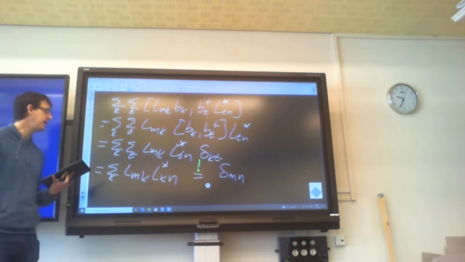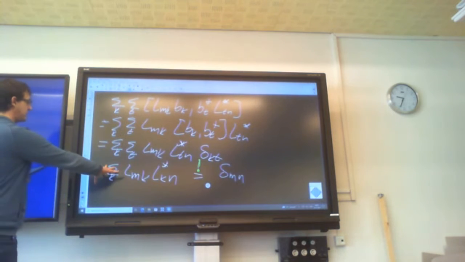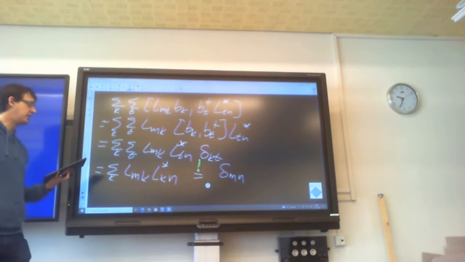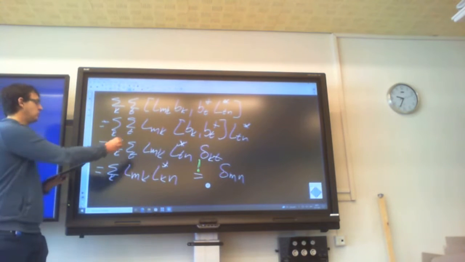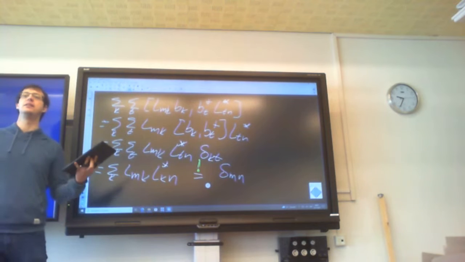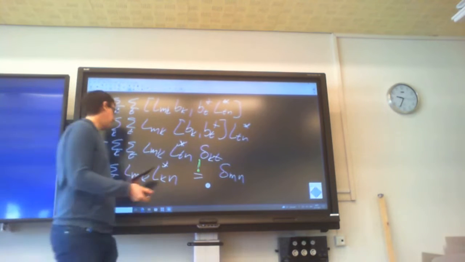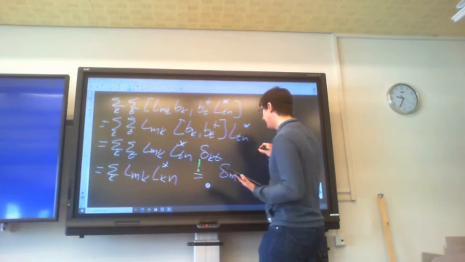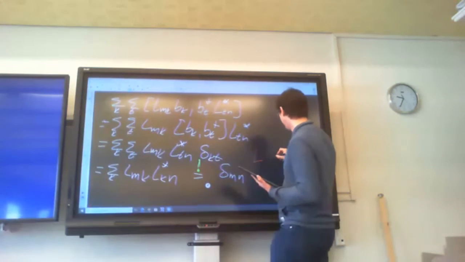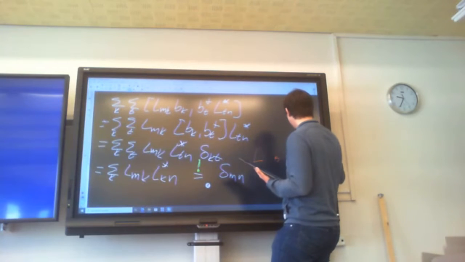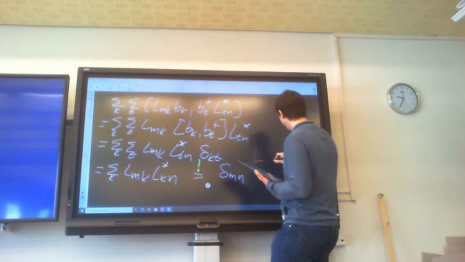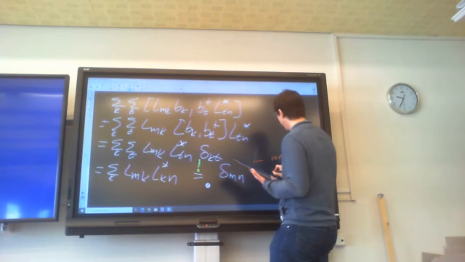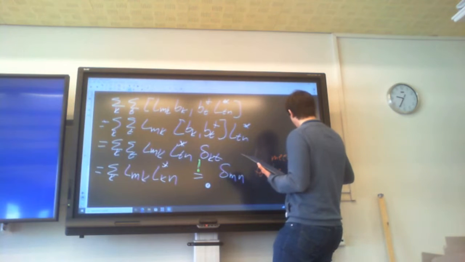And because this is just in the end the product of two unitary matrices, which needs to be the identity matrix, in the end we have found that L needs to be unitary.